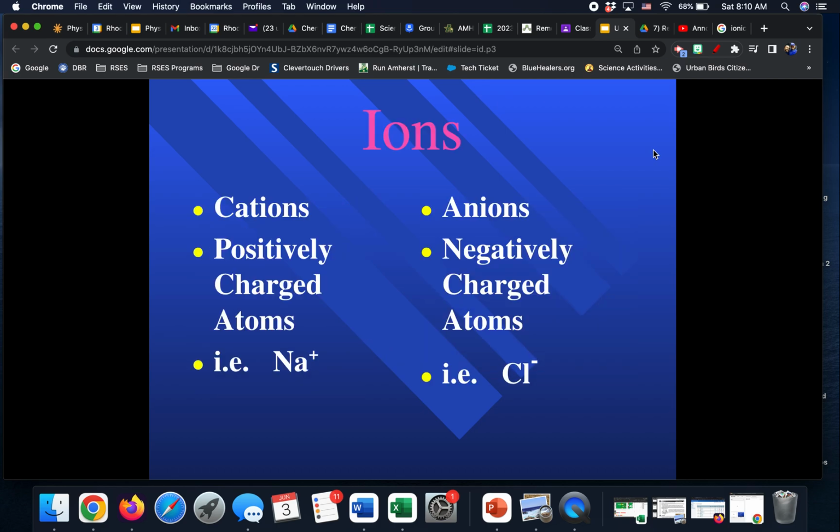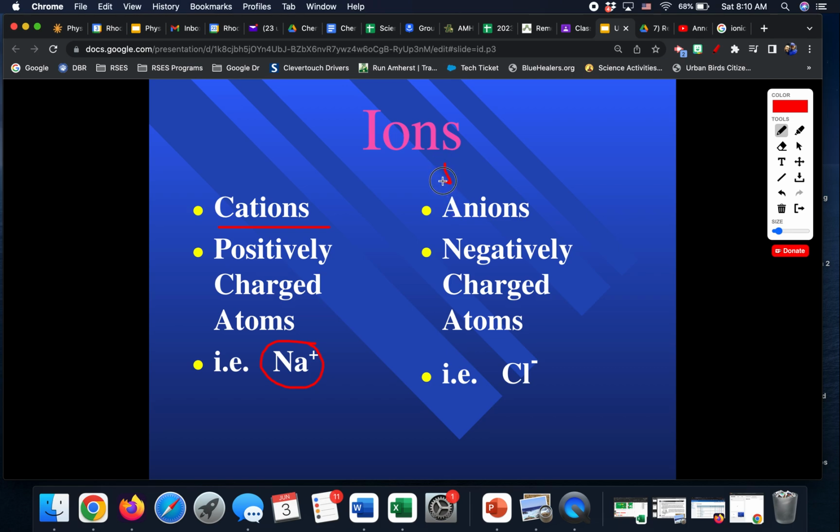All right. Here's some new terminology. Cations and anions. Cations are positively charged atoms. So once they lose that negative electron, they become positively charged. We call them cations. I used to have a hard time remembering the difference between them, but then I learned a trick to remember the other kind, anions.